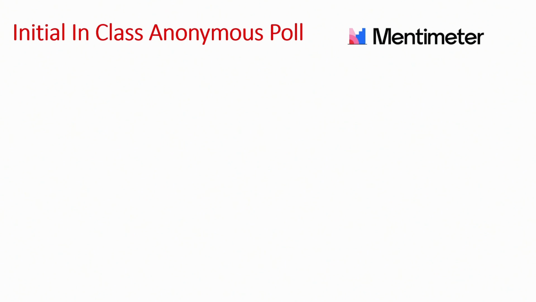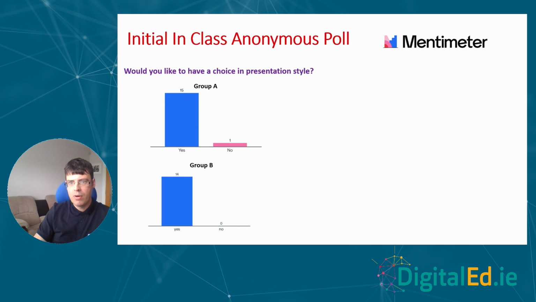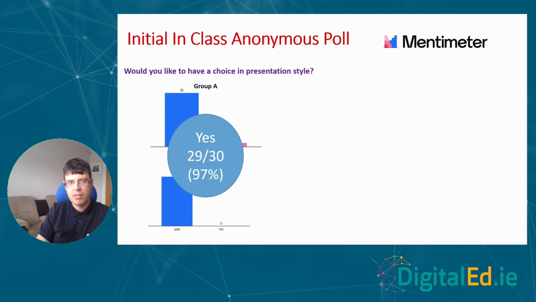As part of this redesign activity, I provided students a choice on how to present their review articles in class. I did a poll beforehand to see whether there was an appetite for such a choice of presentation style, and 97% said yes. So 29 out of 30 respondents said yes, and this was done anonymously over Mentimeter.